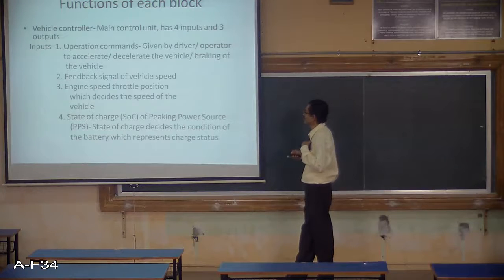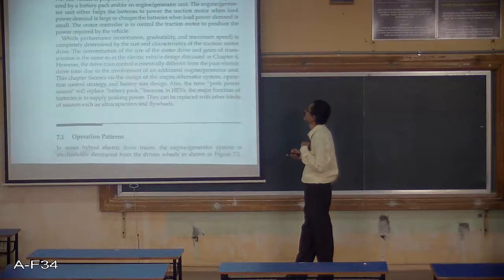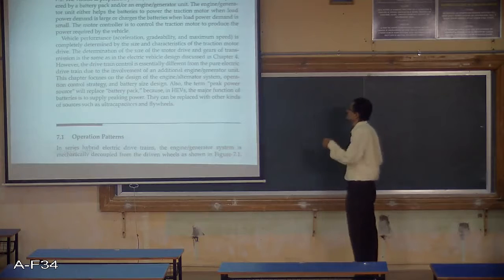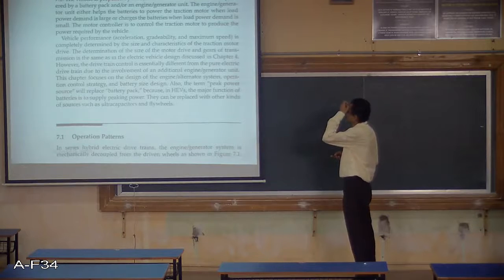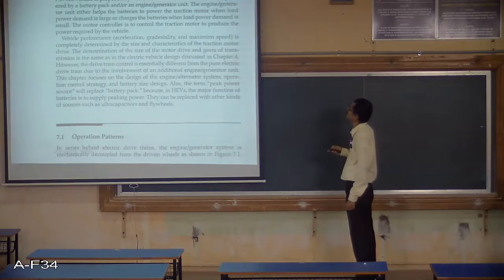Now, the functions of each block we have also seen. Here, vehicle performance, acceleration, gradability and maximum speed are completely determined by the size and characteristics of the traction motor drive.